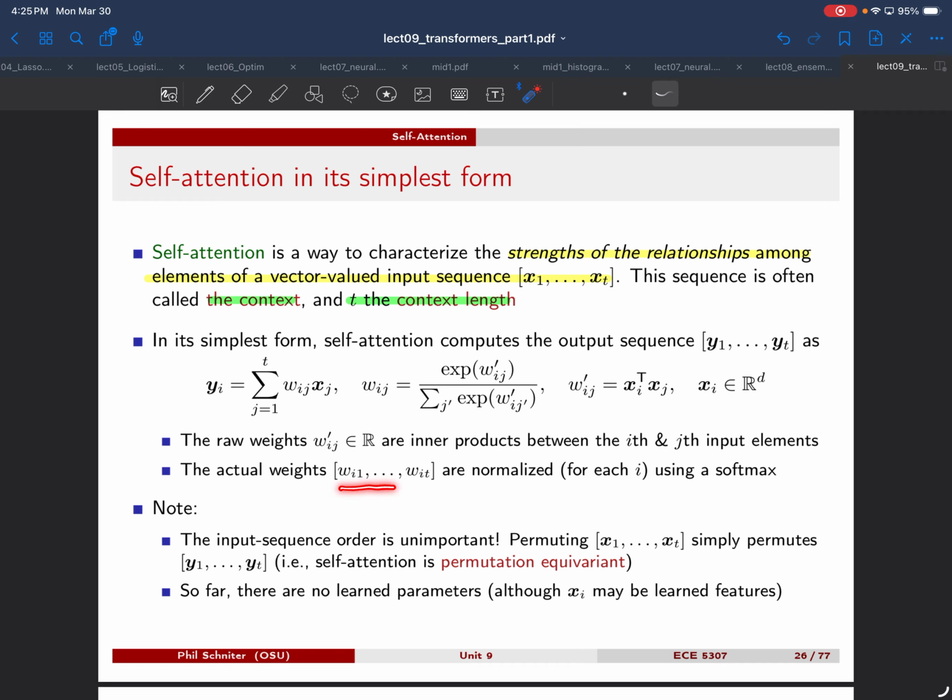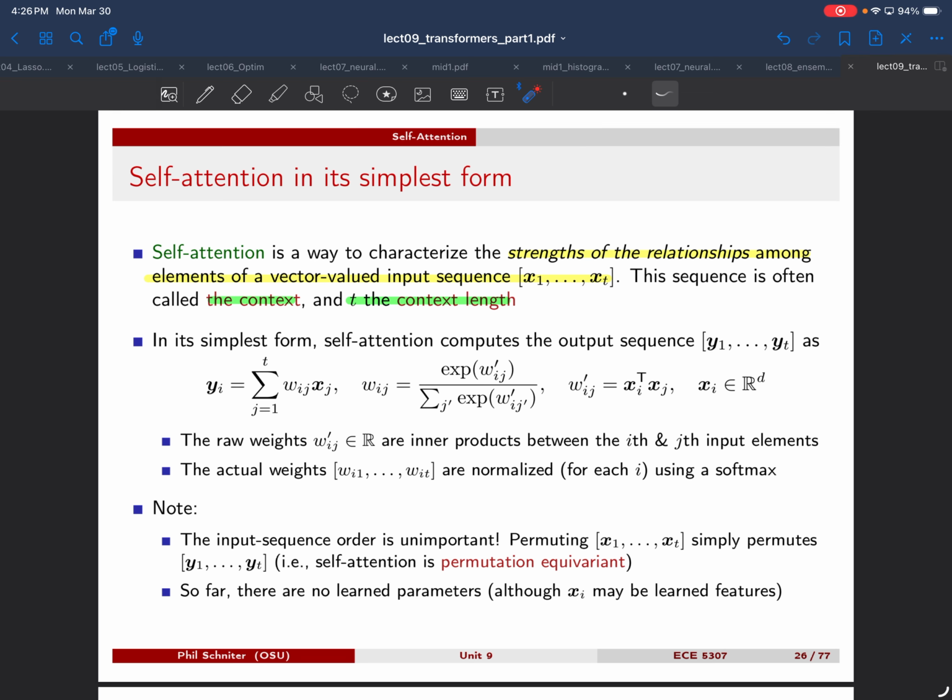Now we get a sequence which you could think of as a PMF, but we're not going to use it as a PMF. It's really just a normalized version of these raw weights. Once we have the normalized weights, we simply use those to weight all the different inputs x to create a given yi. So basically, we first use inner products to compute the raw weights, then we normalize the raw weights for each i, and then we use those normalized weights to linearly combine the inputs to give each output. Is that making sense?